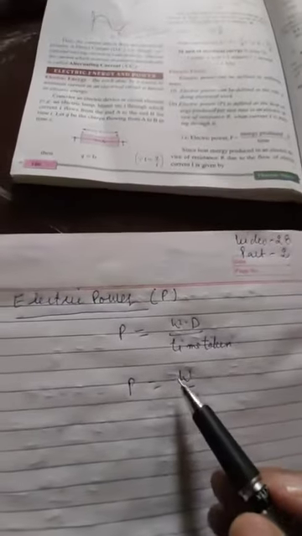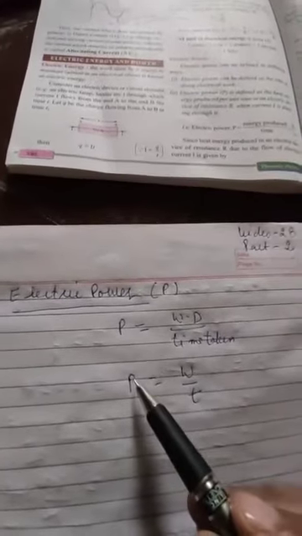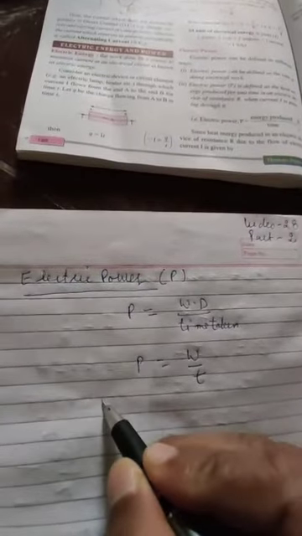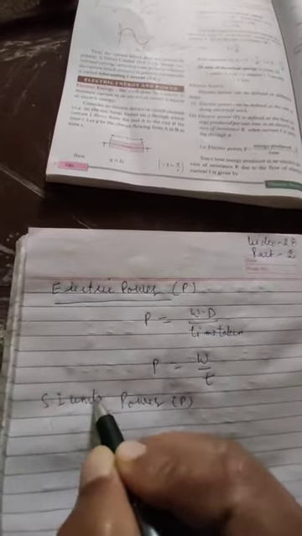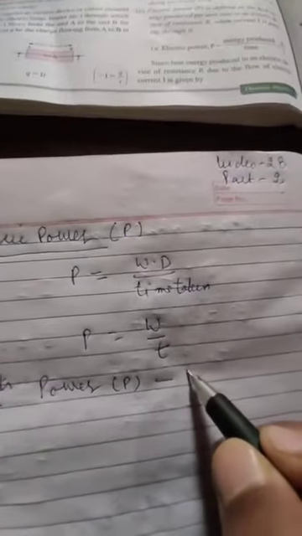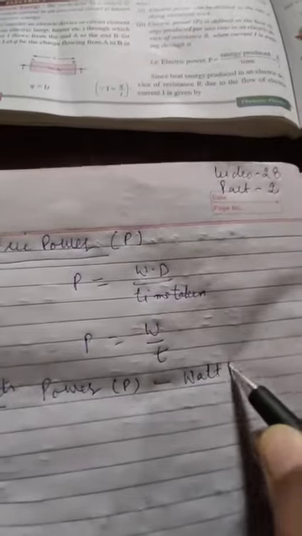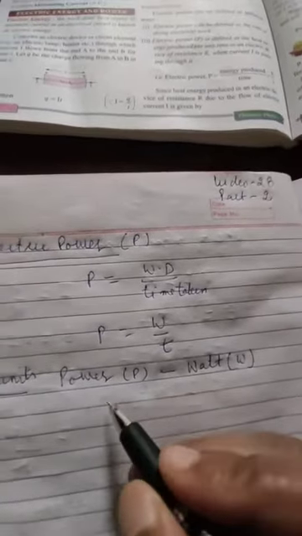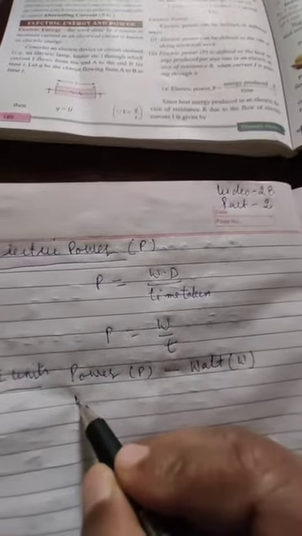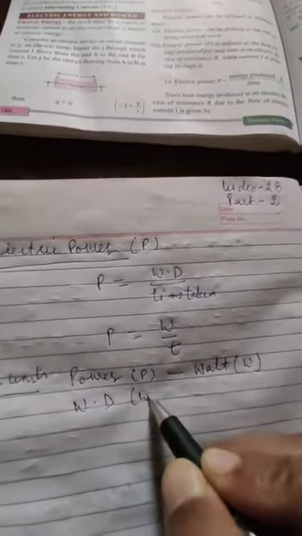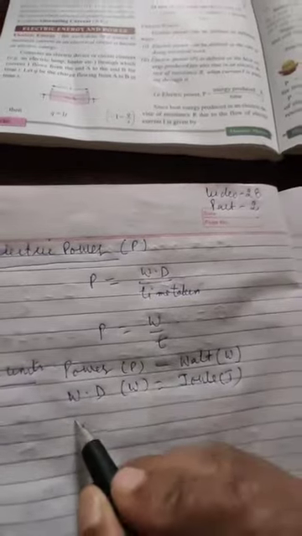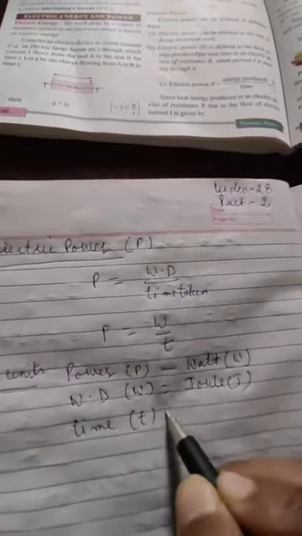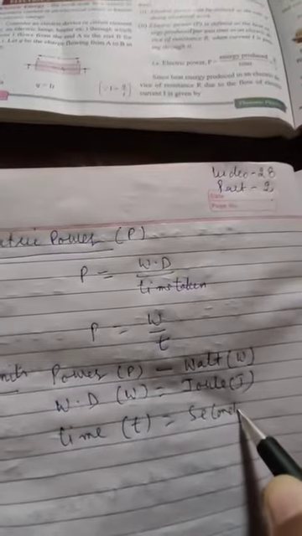So the SI unit of power is, I am just writing here, power or electrical power P, SI units. The SI unit of power is watt, and it is represented by letter W. Then work done, everybody knows, W, the SI unit is joule, J. Time, everybody knows, the SI unit is seconds.